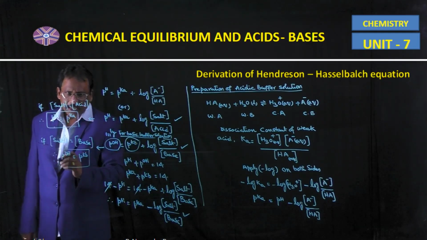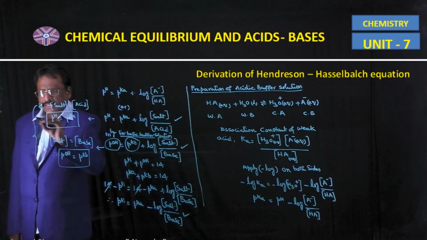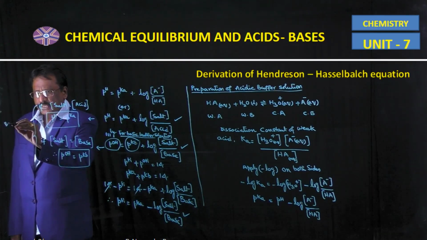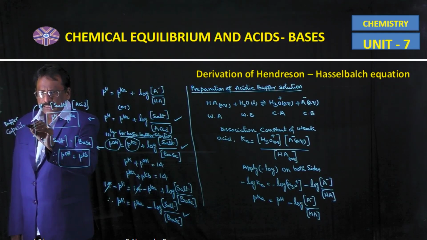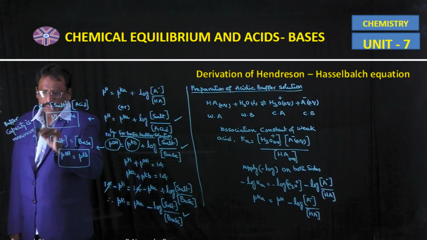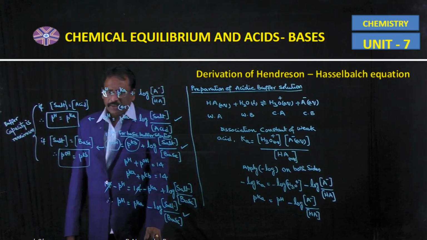So in these two cases, buffer capacity is maximum. This is a very important point in the Henderson-Hasselbalch equation.